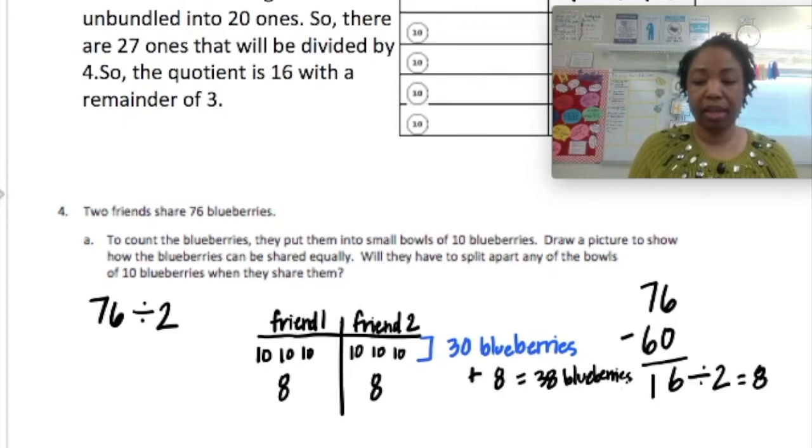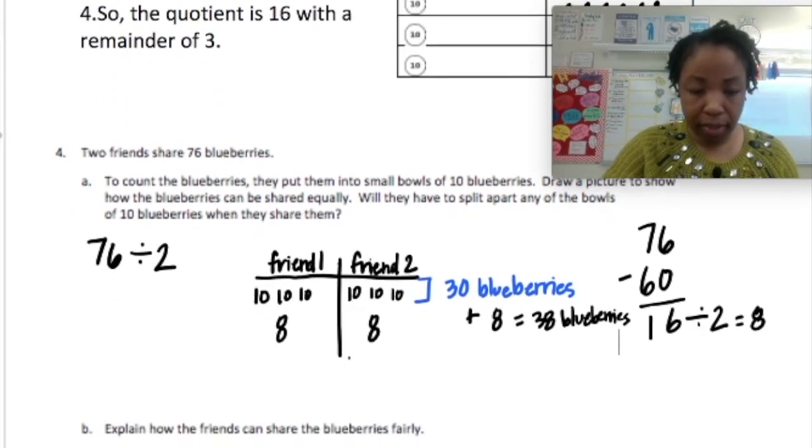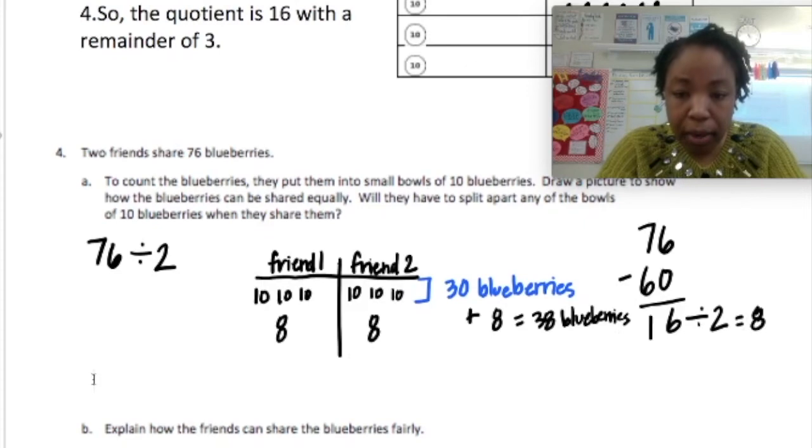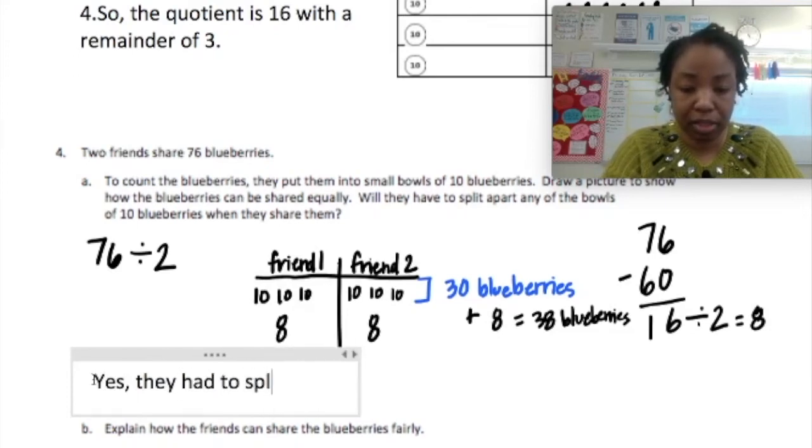All right, let's write about that. Will they have to split apart any of the bowls of 10? Yes, they had to split 16 blueberries.